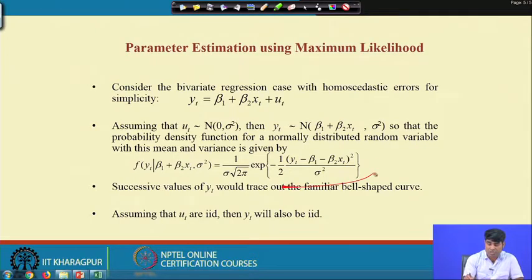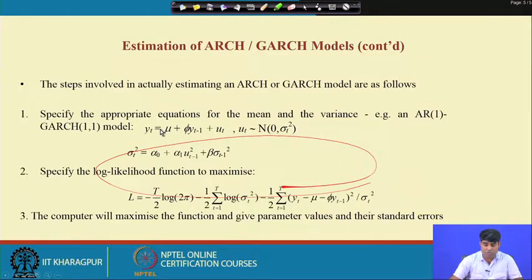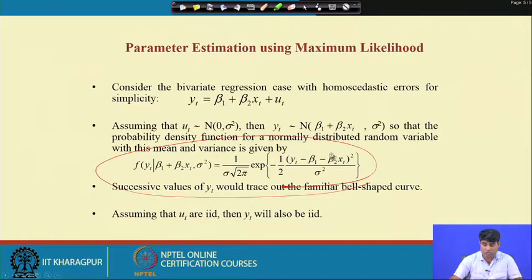So, technically this is exactly what we highlighted in the previous slide with reference to the mean equation. This is the mean equation, and here the same thing, this is the mean equation. Now, successive values of y t would trace out the familiar bell shaped curve, that is the NDF.